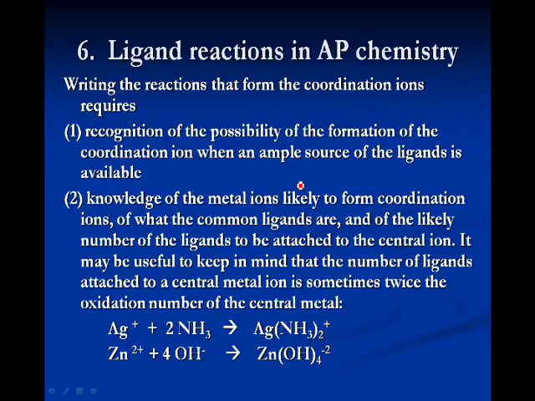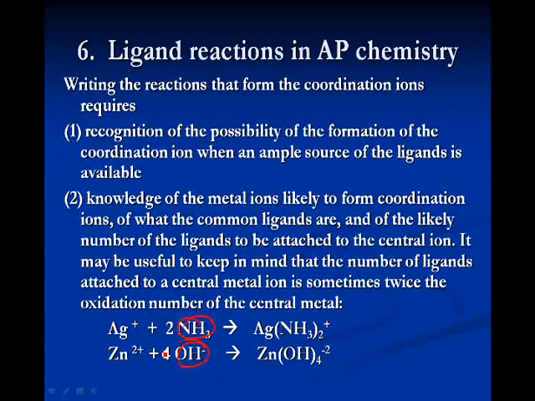Writing the reactions that form the coordination ion requires, first of all, that you recognize the possibility that we're going to form this complex ion, and the knowledge of the metal ions likely to form coordination ions, and of what the common ligands are.